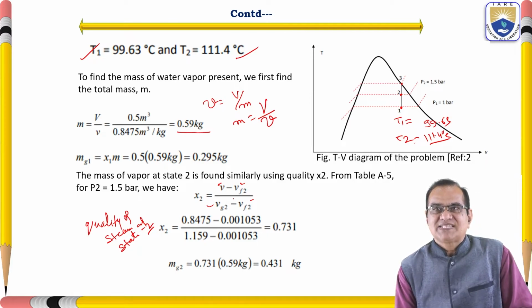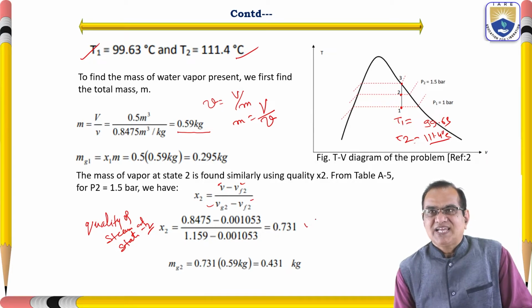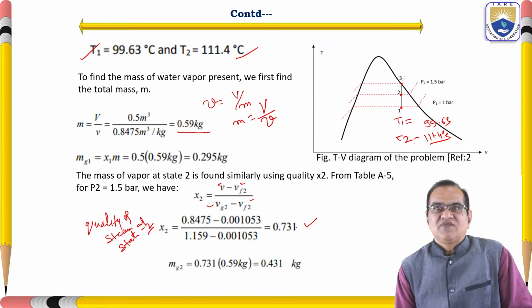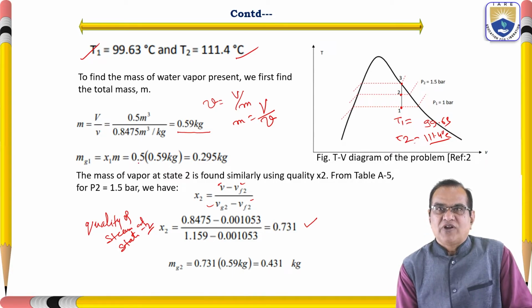So X2 is 0.8475 minus Vf2, which is 0.001053, divided by Vg2, which is 1.159 from the steam table, minus 0.001053. So you will get X2 equal to 0.731, and X1 is already given as 0.5.